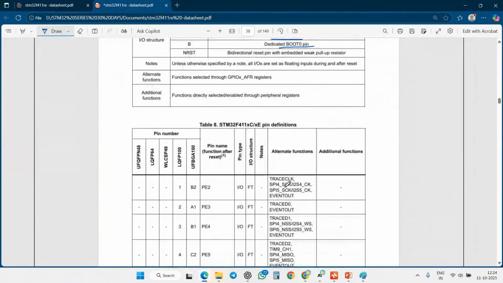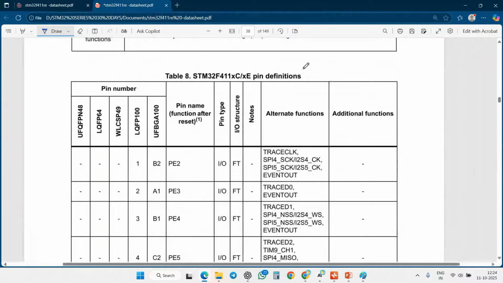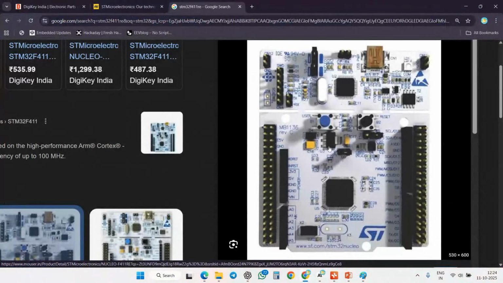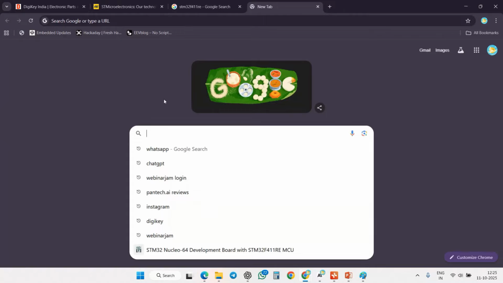Okay, and now we come to a very important concept. I'm going to open up my microcontroller. Here you are seeing the different GPIO pins, right? Here you are seeing the GPIO pins of different pins.